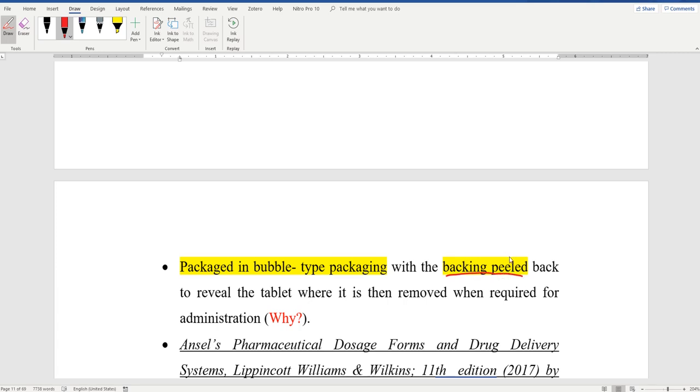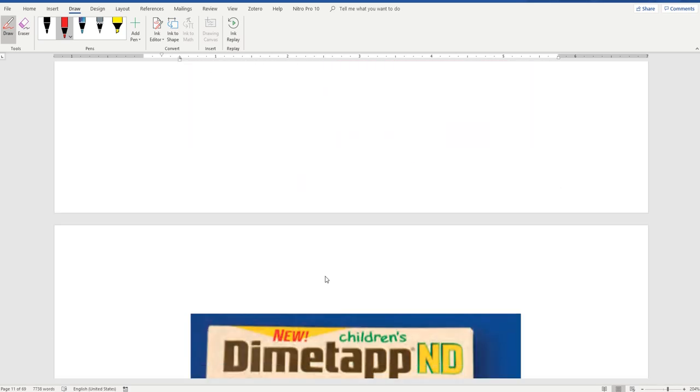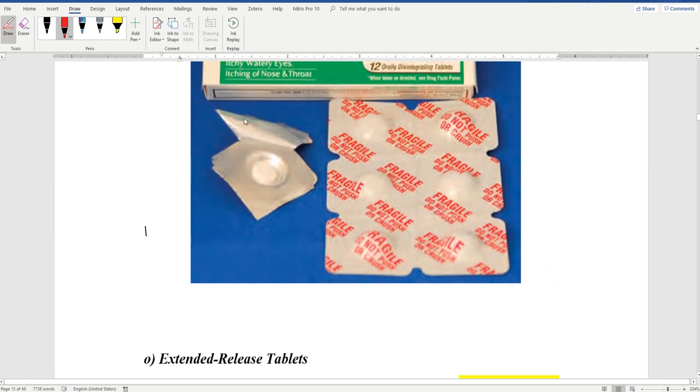We peel the backing of the package. We do the peeling of the packaging this way. See, we remove the cover from here. We do not press on the tablet. So if you have a patient coming and he's asking for an oral dispersible tablet, you have to counsel this patient and tell him how to remove the tablet.